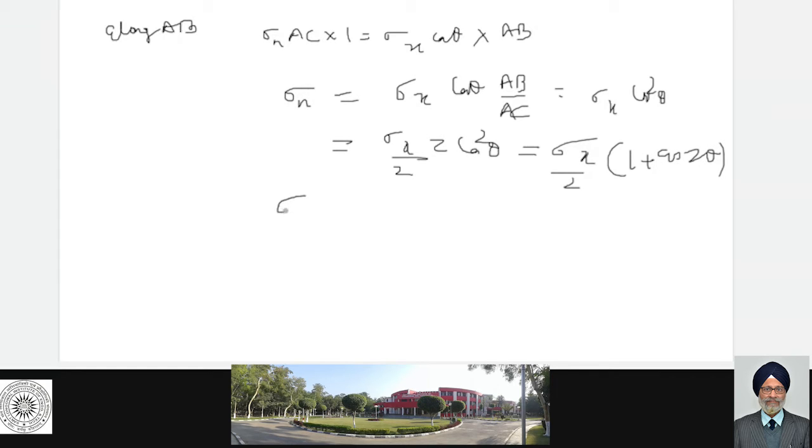So therefore sigma n is equal to sigma x upon 2 into 1 plus cos 2 theta.